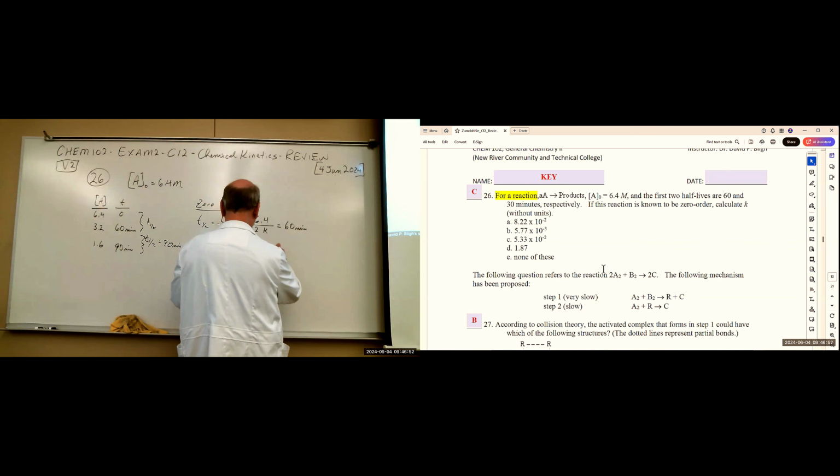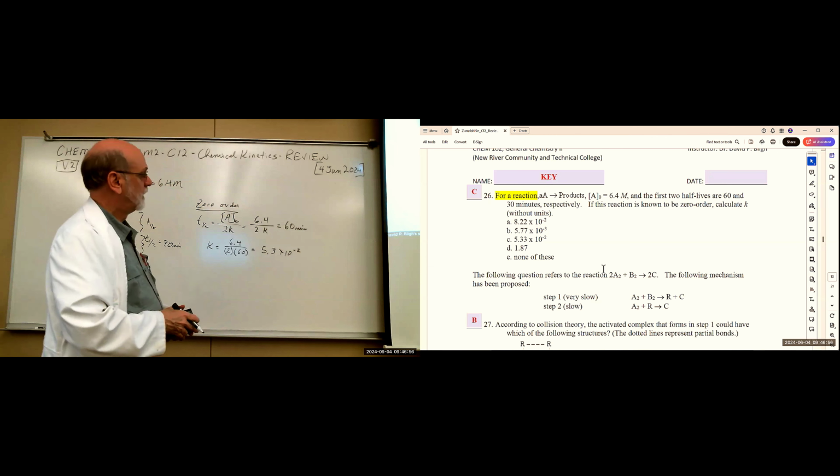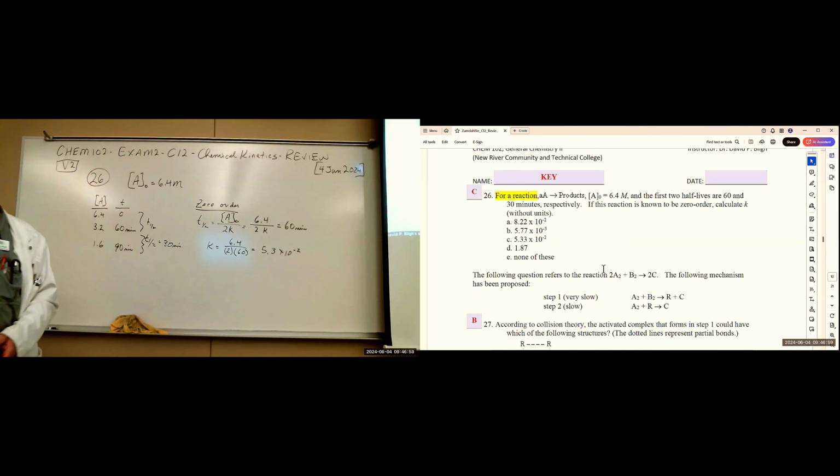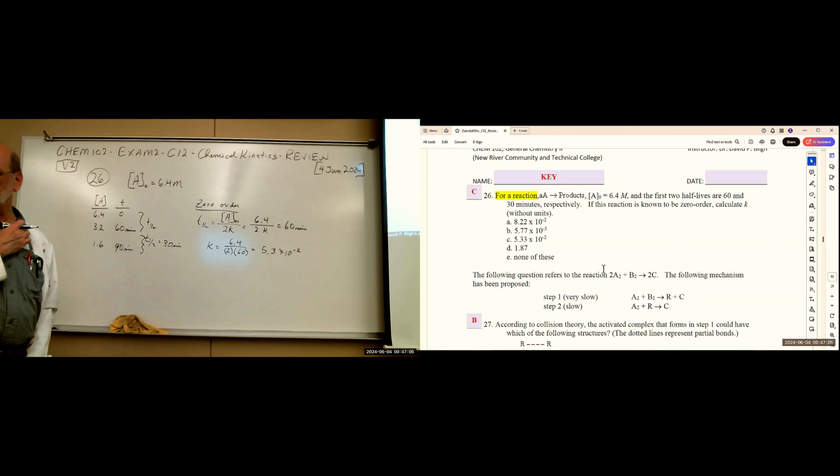That's 5.3 times 10 to the minus 2. C is the closest one to that one. Now, if we weren't told it's zero order, how do we deal with that?